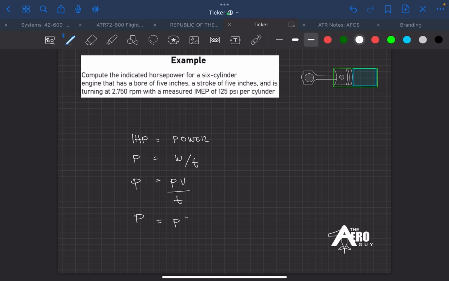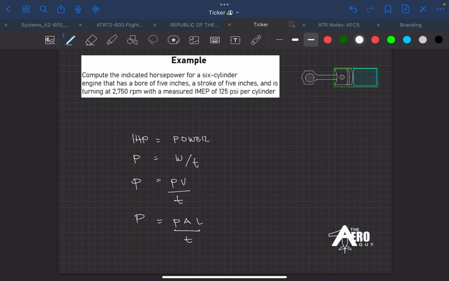This volume here is just area times the length per time, right? And remember, we are computing for the indicated horsepower, so we are computing this power during the power stroke.